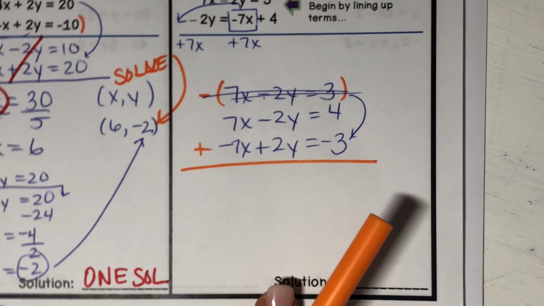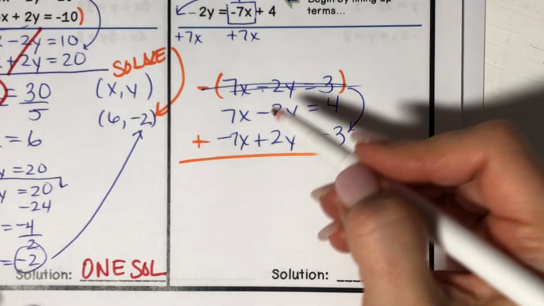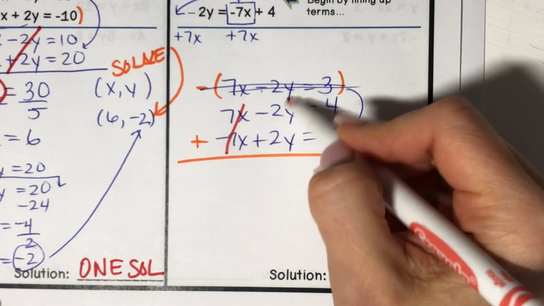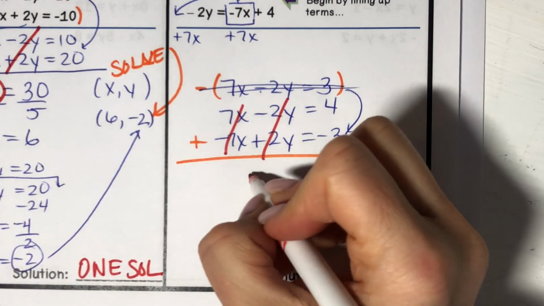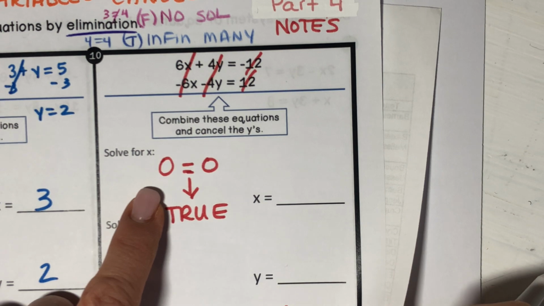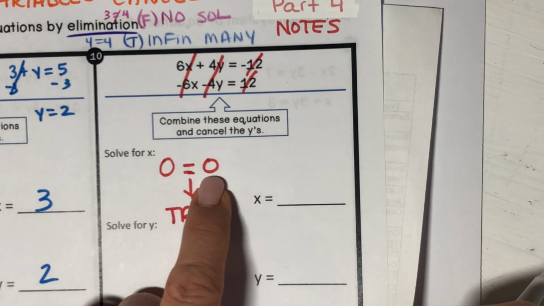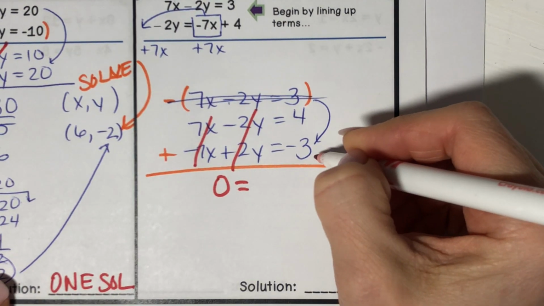And remember, if you remember what I said over the course of all these videos, you can use this shortcut because when the 7s cancel, oh, the y's also cancel, which leaves me with nothing. There's nothing over here, just like this example we did a minute ago when there was nothing over here, except look, the 12's canceled also and left me with a true statement. Does the 4 and the -3 cancel?